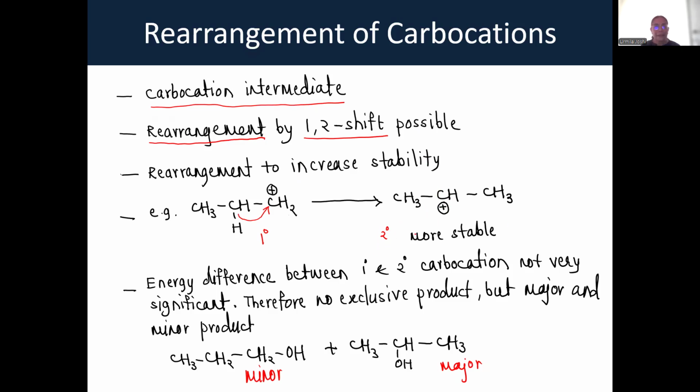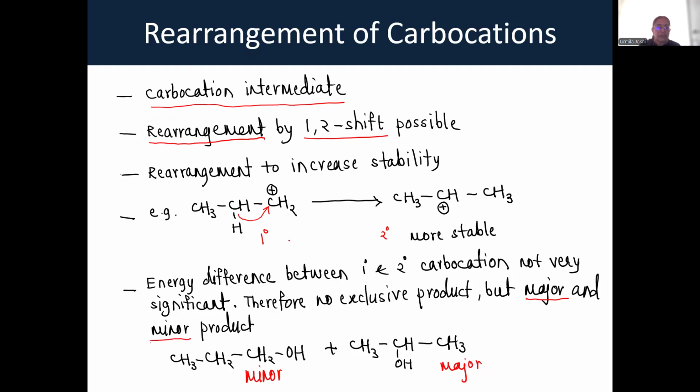Okay. But try to understand one thing. The energy difference between the primary and the secondary carbocation is not very large. If it is very large, then secondary will be the exclusive product. But this energy difference is low, and therefore secondary carbocation forms a major product, but there is some minor product which is formed due to primary carbocation.